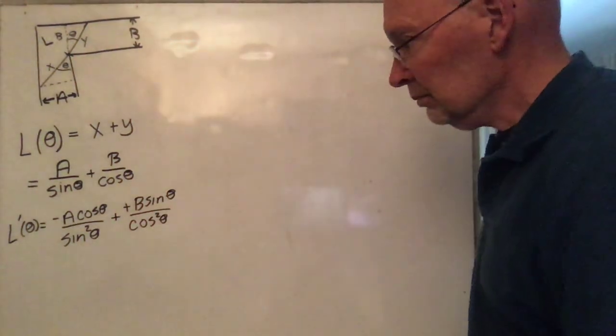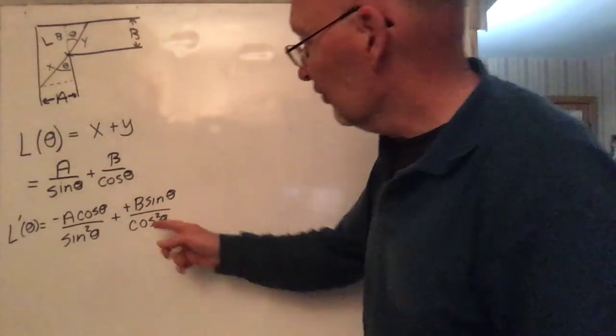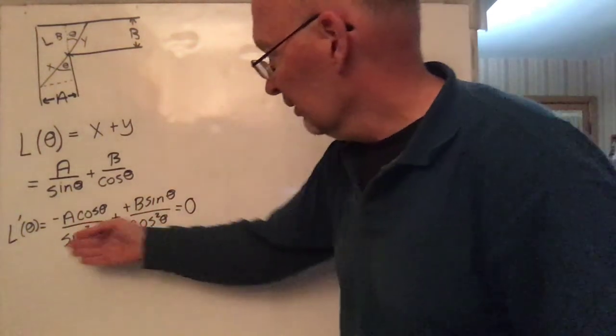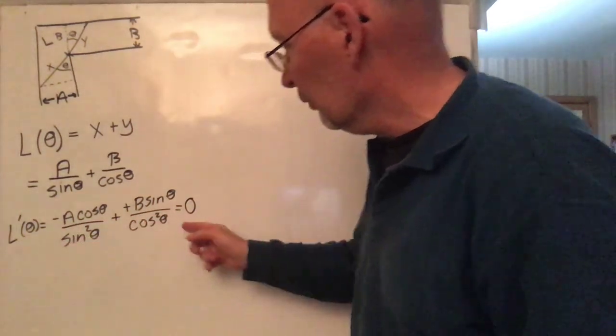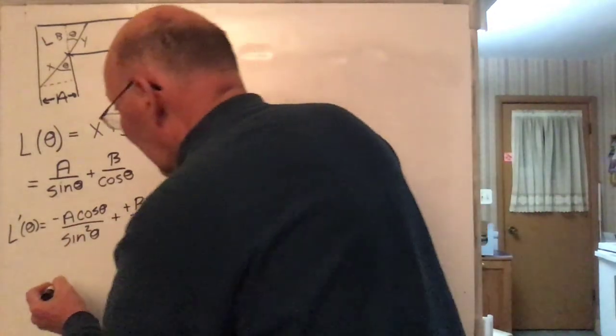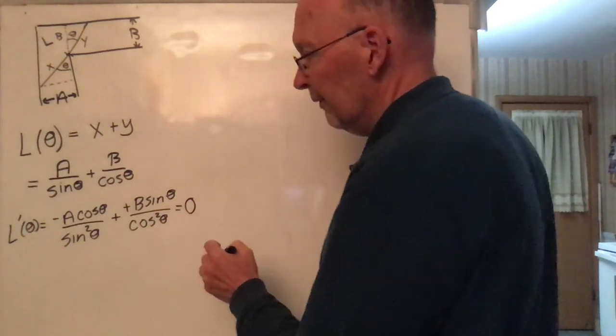Okay? So now we set that equal to 0. Just for sake of space, I'm going to make this all one equation, set equal to 0. Now I can bring this over to the other side. Can I save even a little more room?